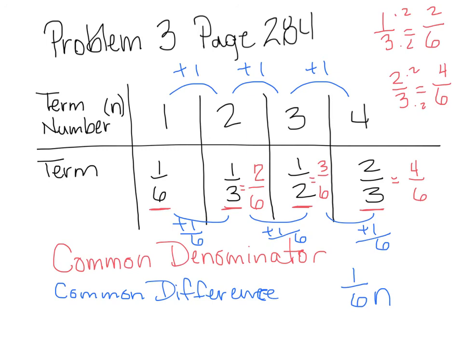So I should be able to say 1/6 n and get 1/6 in my term. 1/6 times 1 equals 1/6. So this is my correct expression. And from this, you should be able to find the next 3 terms in this arithmetic sequence.